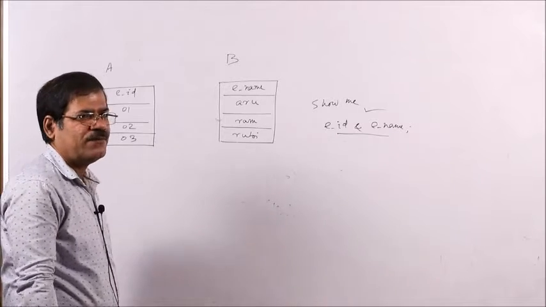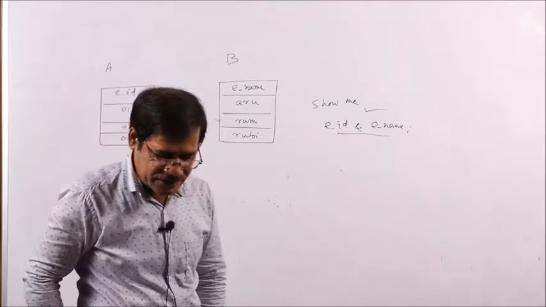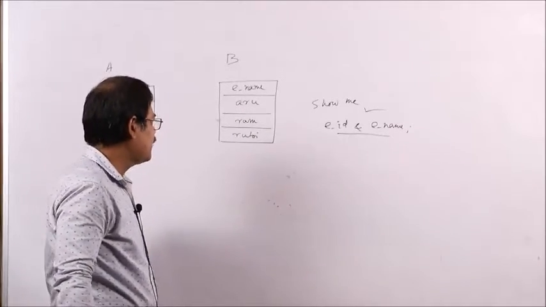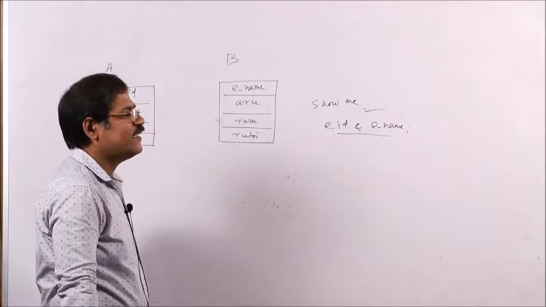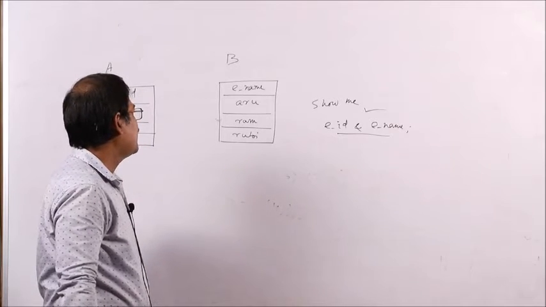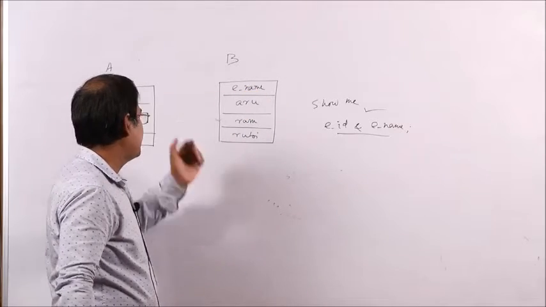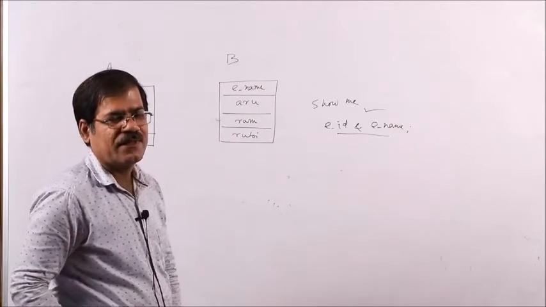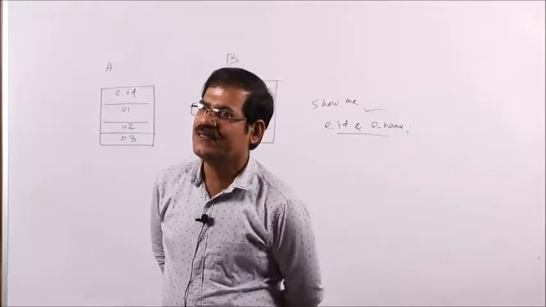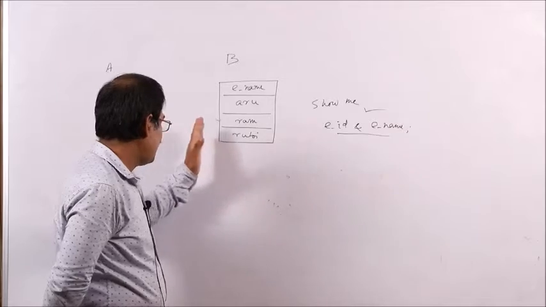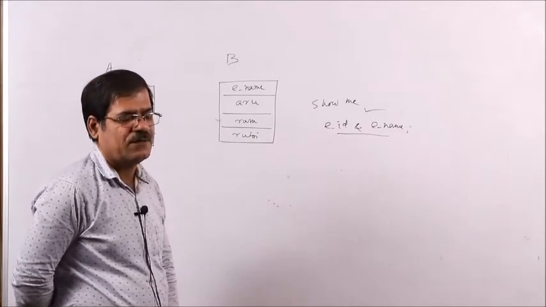So, what will we perform? Another operation is a join operation. A join is not possible between these two tables, because there is no common attribute present between the first table and the second table. ename is a separate field and eid is a separate field. A join is possible if there is a common field present in both A and B, then you can join the two tables.